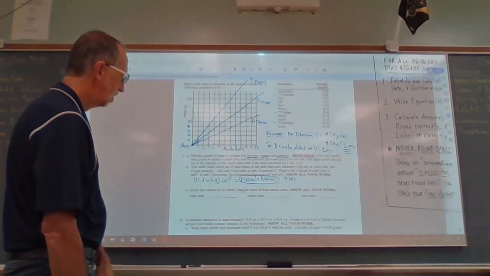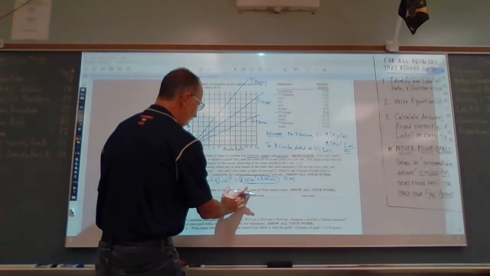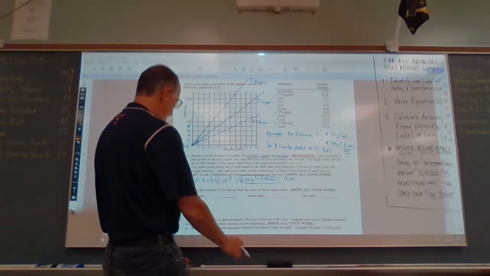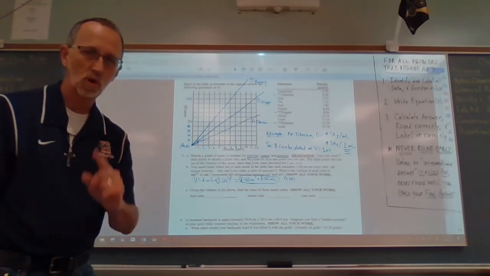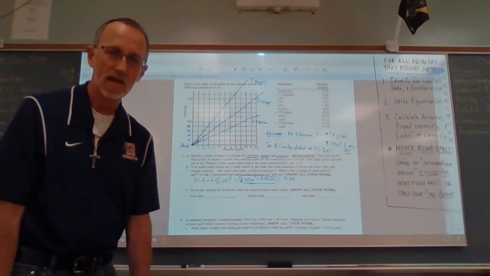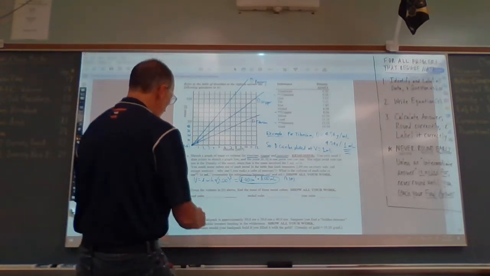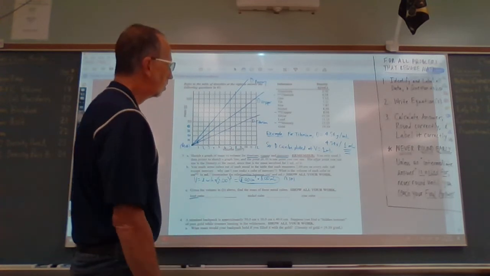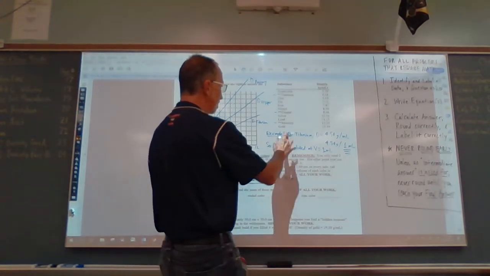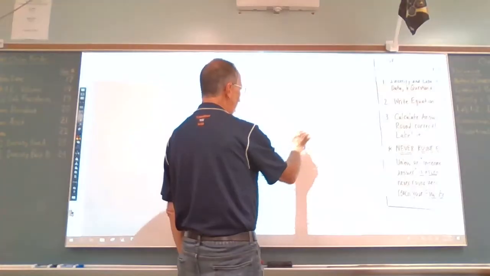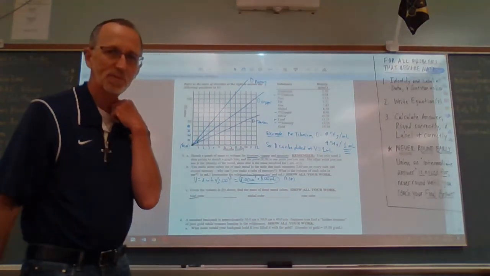Given the volume in B above, find the mass of these metal cubes: lead, nickel, and zinc. I'm going to do one with you, and then I'm going to assign the rest as homework. So let's do lead. So we need to draw a density line for lead. So here's lead right here, 11.35 grams per mL.